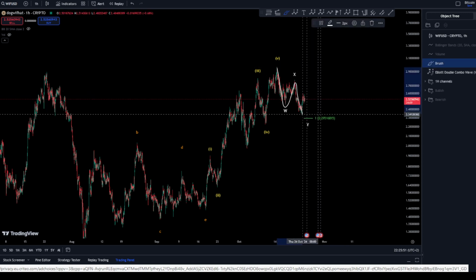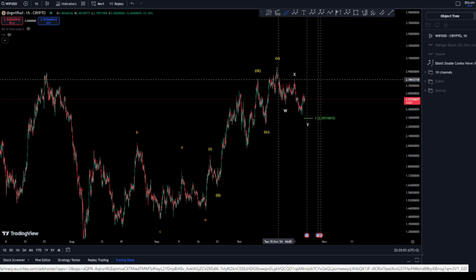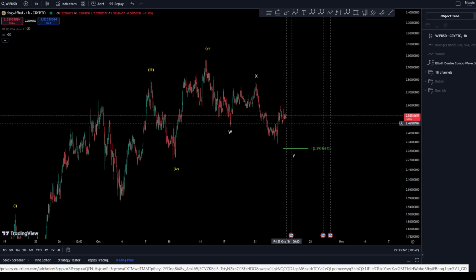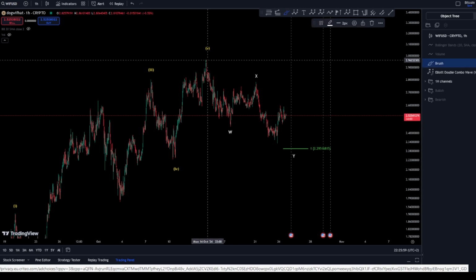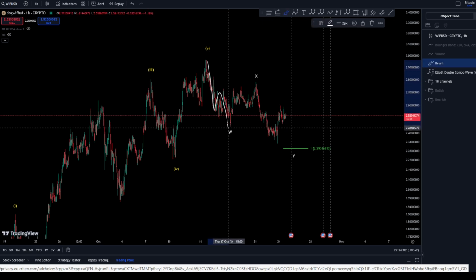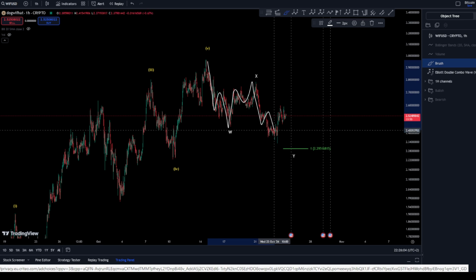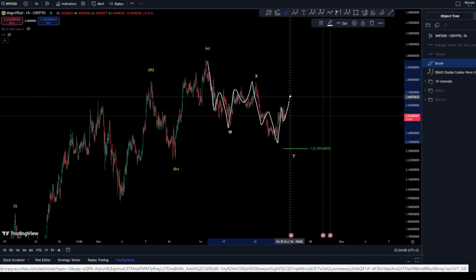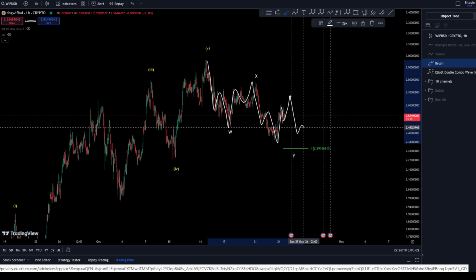But potentially we are looking at a WXY or even a diagonal. That's why I'm not very happy with it. Zigzag, zigzag, zigzag for wave 3. Then we still want to see higher prices.